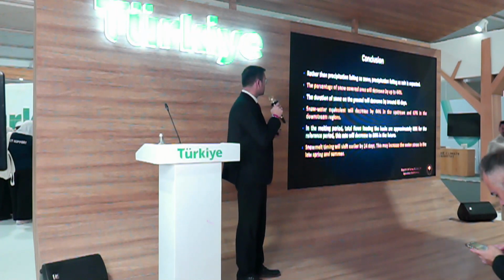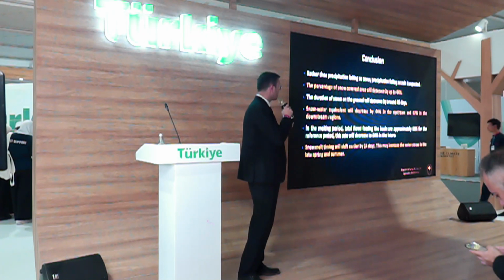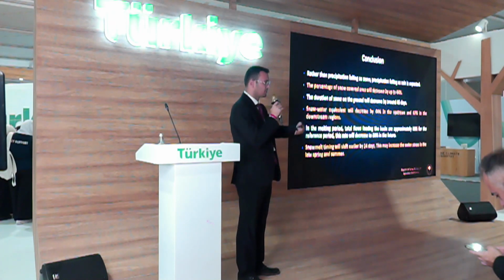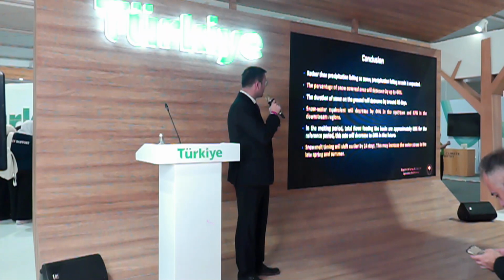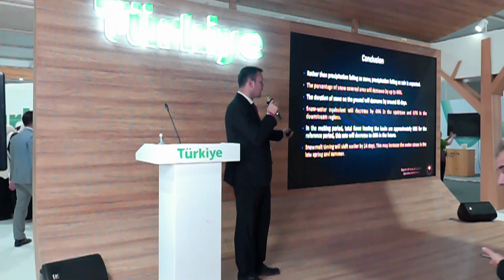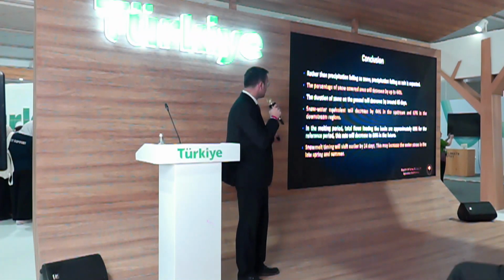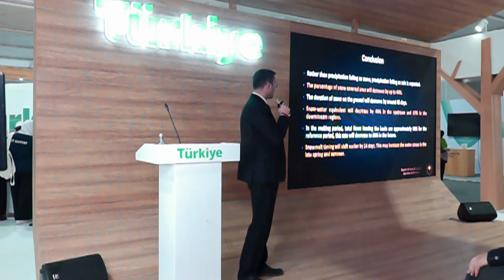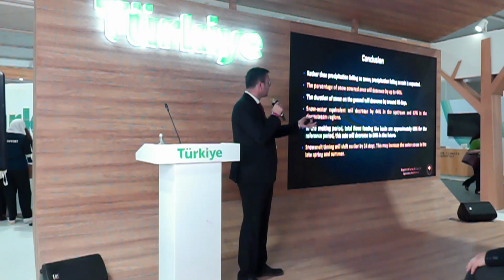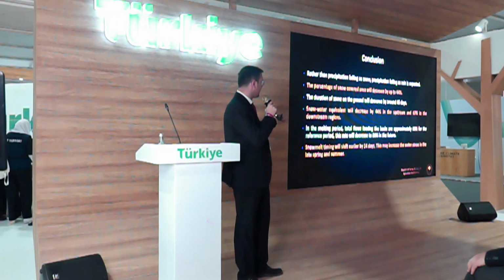As a result of the study, we can say that rather than precipitation falling as snow, precipitation falling as rain is expected. The percentage of snow-covered area will decrease by up to 44%. The duration of snow on the ground will decrease by around 45 days.